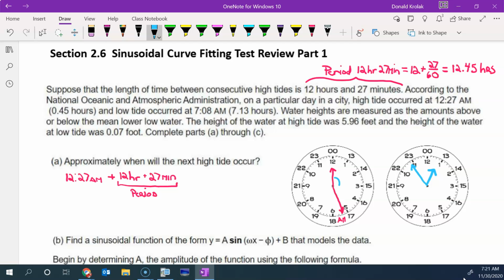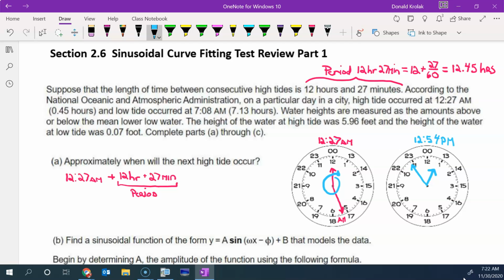So 12 hours later, this is 12:27, then I'm going to end up at 12:54. This is 12:27 in the night, midnight, after midnight, and this is now going to be 12:54 p.m., early afternoon.